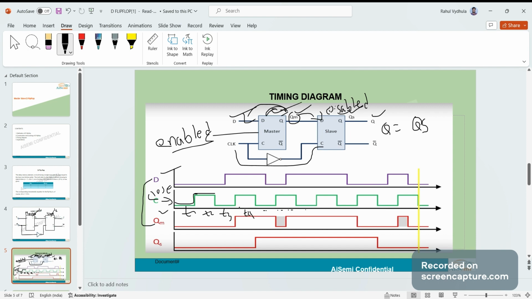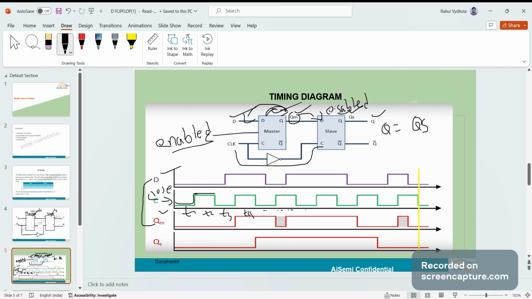So Qm is changing, right? Qm is changing because it is the input for the slave. The master is enabled and this is changing, but the slave is disabled. This is enabled and this is disabled, right?